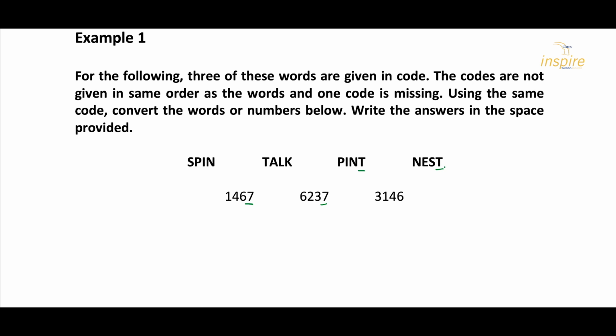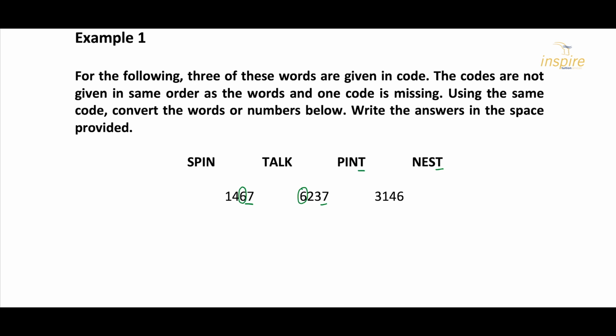Now, how do we work out which one of these it is? If you start to look for other patterns, you'll notice that you've got a 6 here and a 6 here. So the word that relates to 6237, the letter in front of that is the same as in the word 1467.